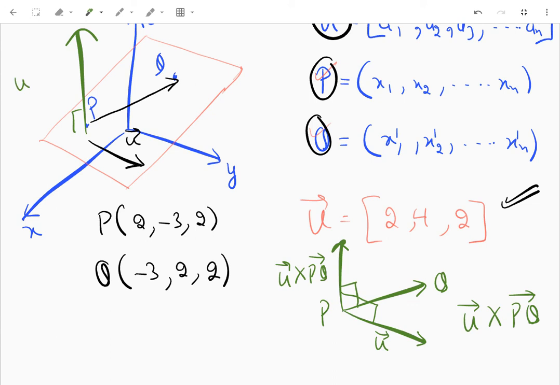So that is how I will find my orthogonal vector, and then I'll find the equation of the plane, right? So let's do that.